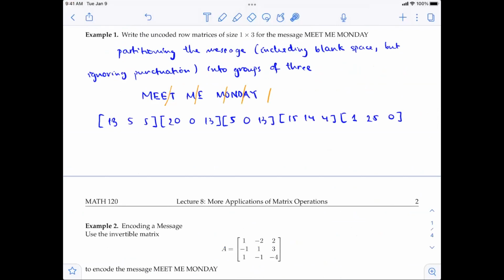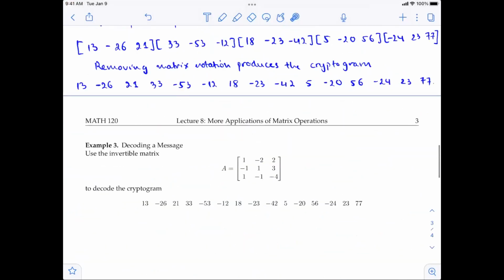So you need to encode this into different row matrices. So what if you receive this sequence of numbers? How could you decode that cryptogram?